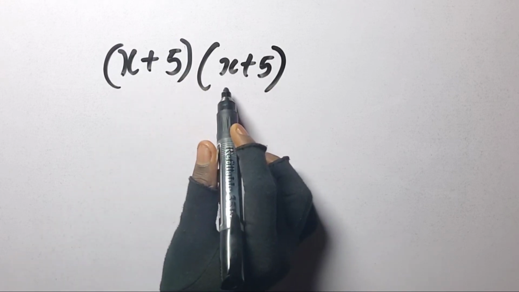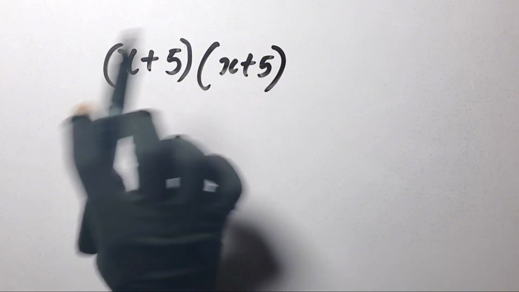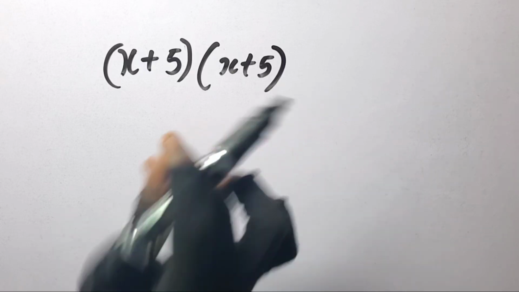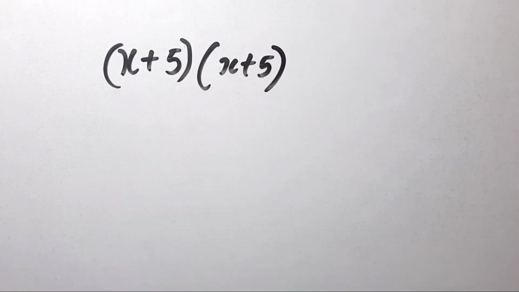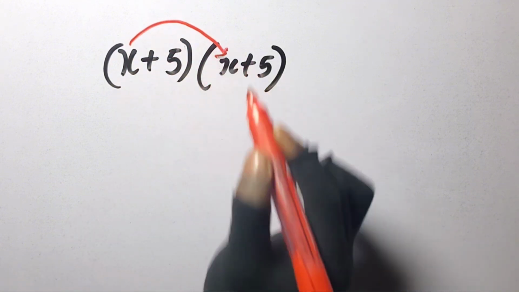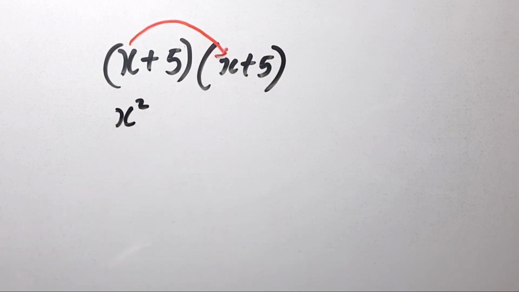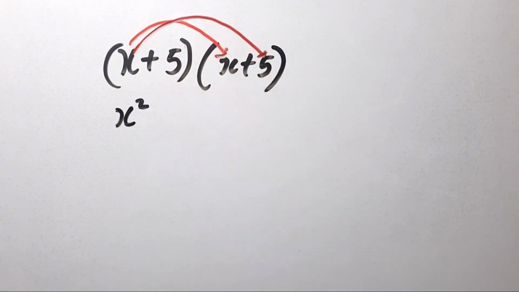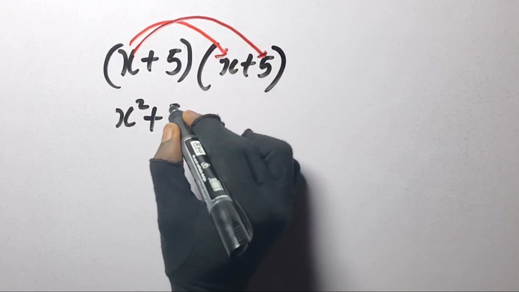This and this, that is x and x. This first bracket will multiply all things in the second bracket, like this: x times x equal to x squared, and x times 5, that is 5x.